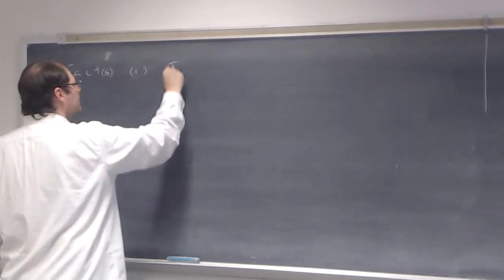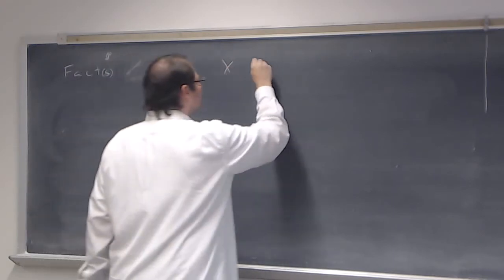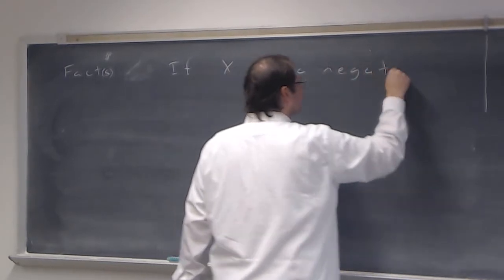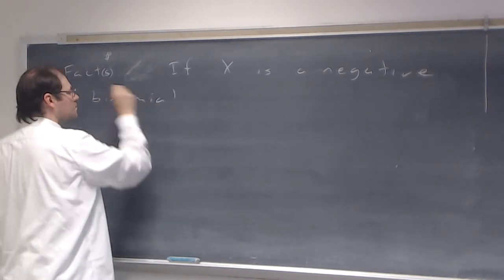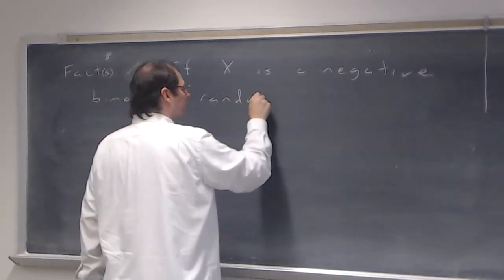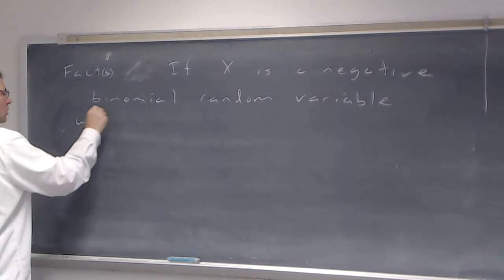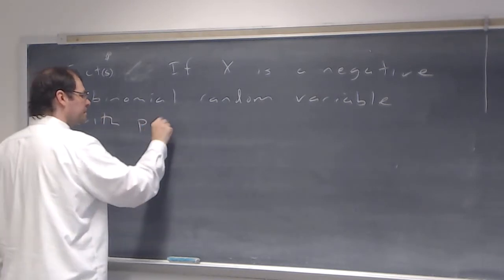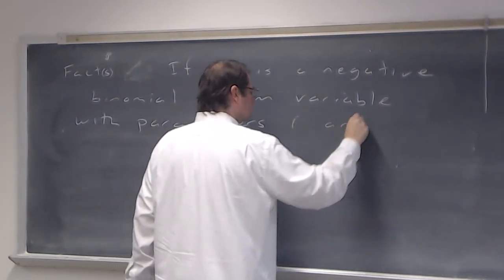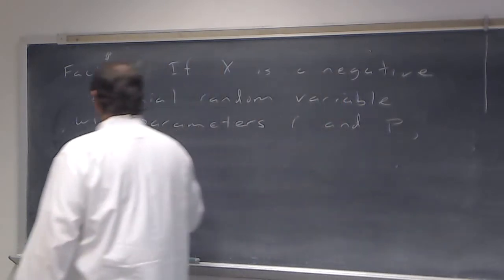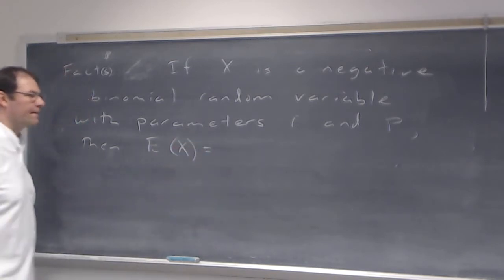Here's one: if X is a negative binomial random variable with parameters r and p, then the expected value of X is r over p.